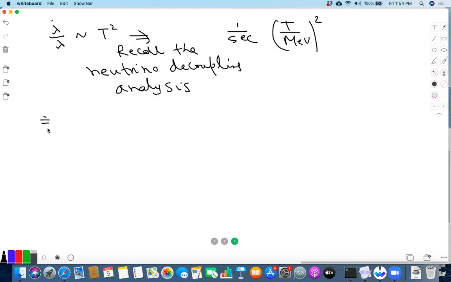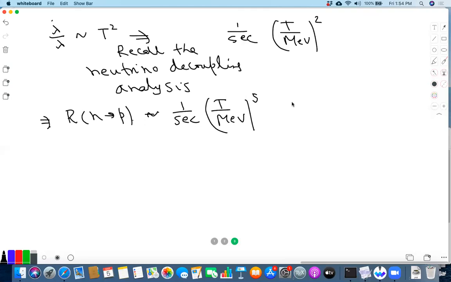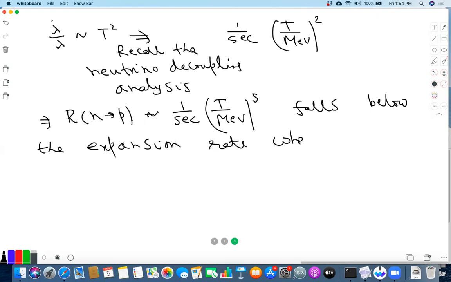So this means that the rate R n to p, which is of order 1 over second times T over MeV to the 5, falls below the expansion rate when T over MeV falls below 1.